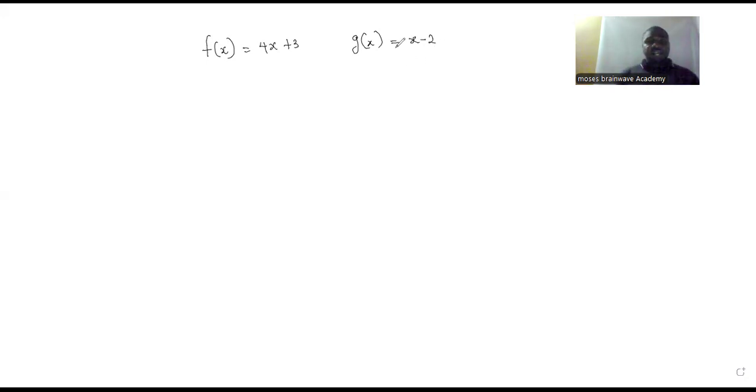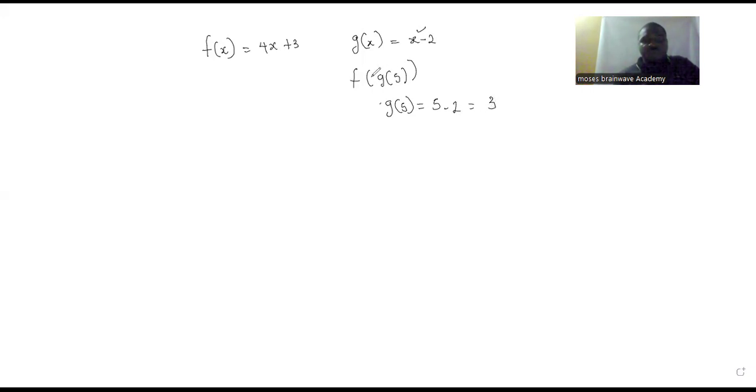Now, how can I obtain f of g of 5, right? This is clear. Let me get g of 5 first. So what is g of 5? I'm going to go to g and substitute 5 for x. So this is g, x here. I'll put 5 minus 2, which is going to give me 3.